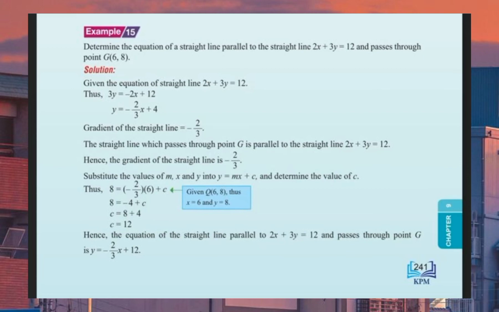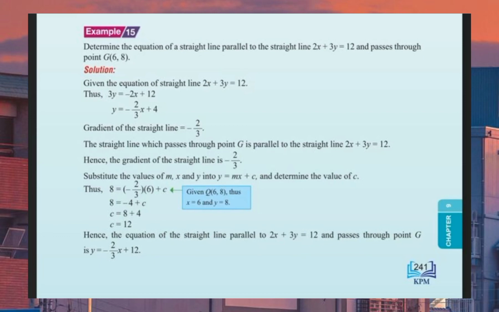Thus, 8 equal to negative 2 per 3 times 6 plus c, because G in bracket 6, 8 is given. So, x equal to 6 and y equal to 8. So, 8 equal to negative 4 plus c. And then c equal to 8 plus 4, and the answer is c equal to 12.